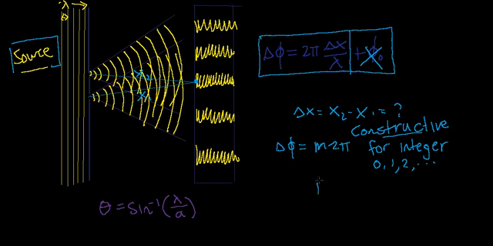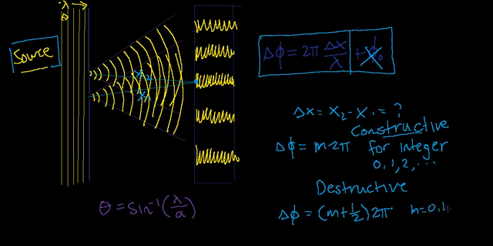Our points of destructive interference are points where the phase difference is equal to m plus 1/2 times 2 pi, for m equals 0 or 1 or 2 or any number like that.